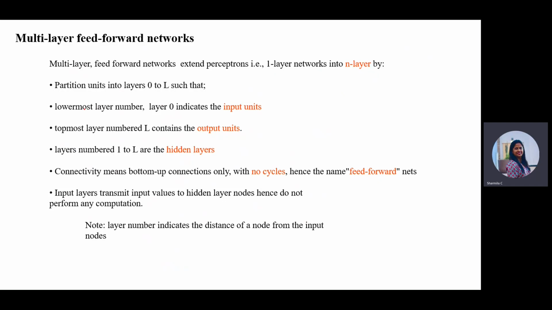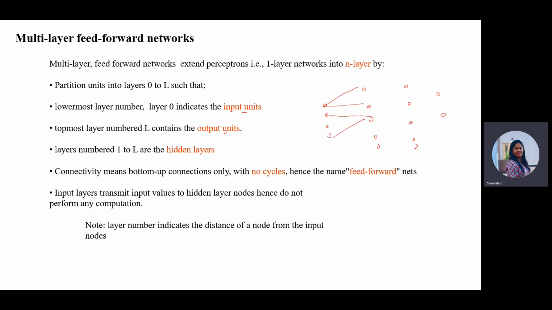N layers, by partitioning units into layers 0 to L such that the lowermost layer, numbered 0, indicates what? The input units. The topmost layer, numbered L, contains the output units. Layers numbered 1 to L-1 are the hidden layers. It is nothing but we have input units, then the hidden layers, and finally the outputs.